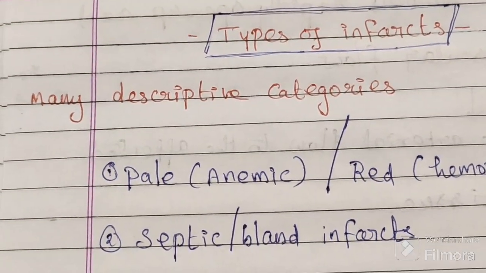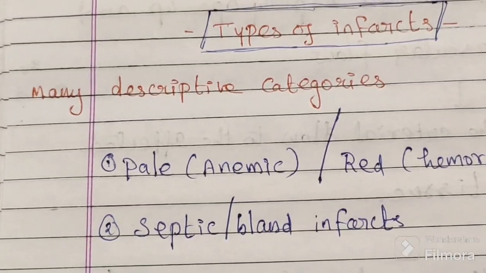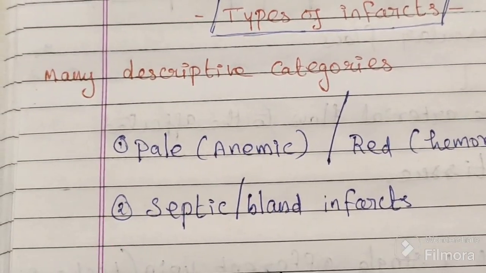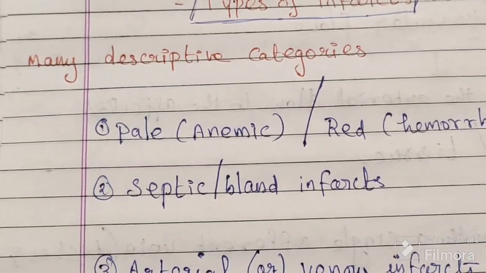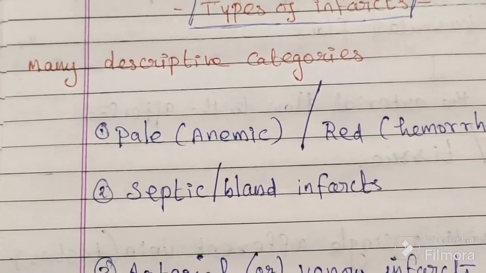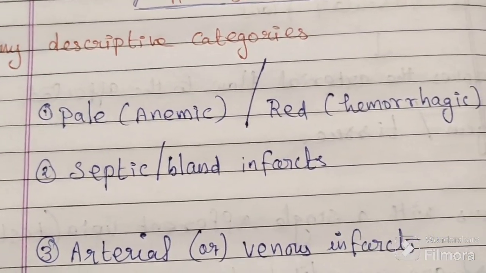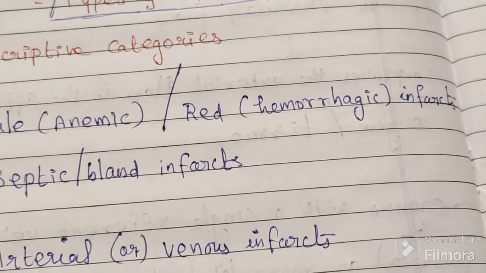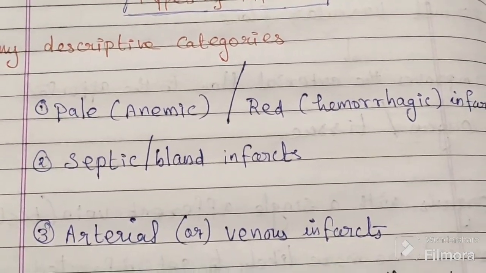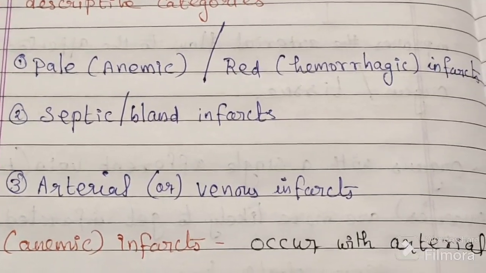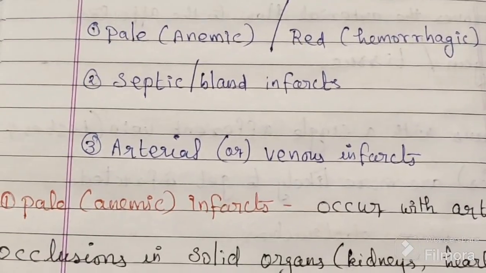Now, let's discuss the different types of infarct. They can be categorized into many types. Predominantly, they are categorized into pale or red infarct, septic or bland infarct, and arterial or venous infarct.